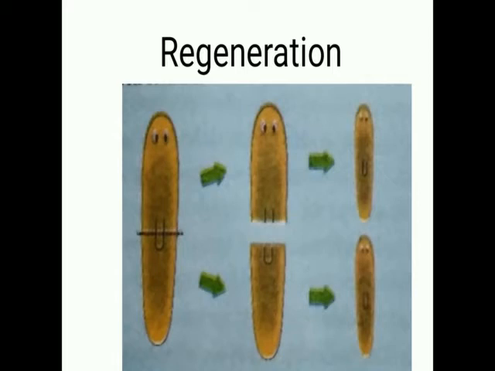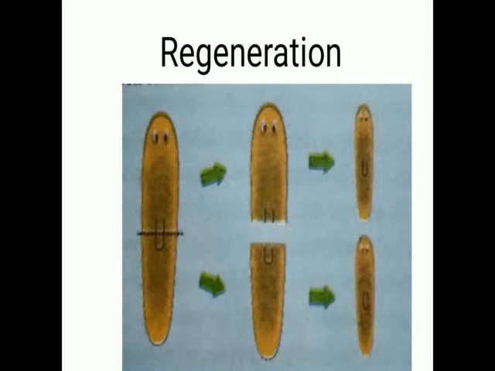The next type of reproduction, that is regeneration. It is a process by which an organism can repair or regrow its lost part. It differs from asexual reproduction because only a damaged hydra or wounded planaria can regenerate their lost parts, or it is also called asexual reproduction because in planaria, by this reproduction or by fragmentation, the animal divides into two parts and these two parts develop into new planaria.